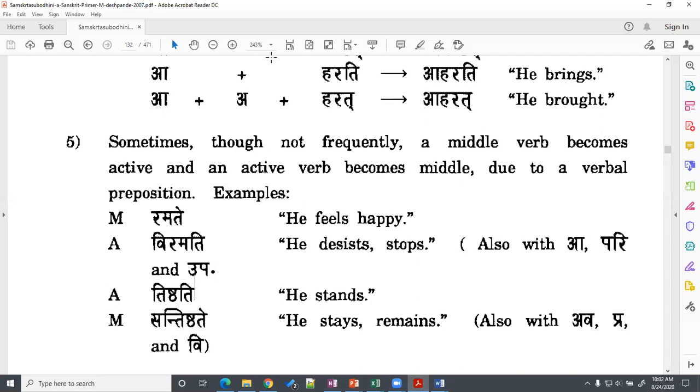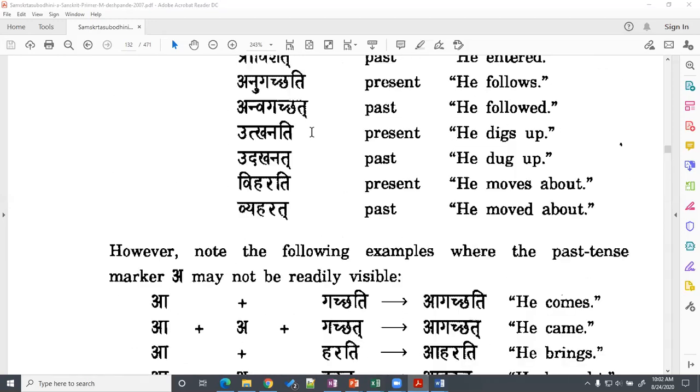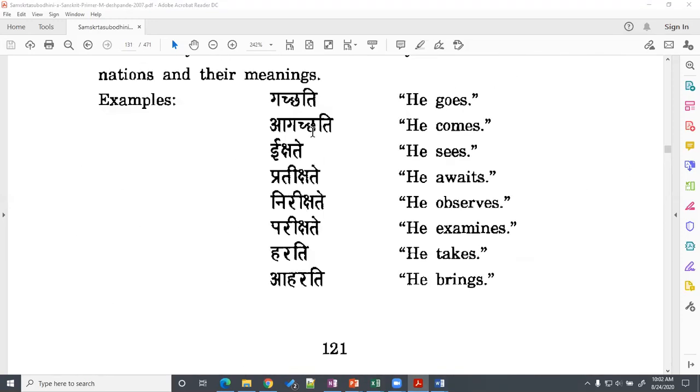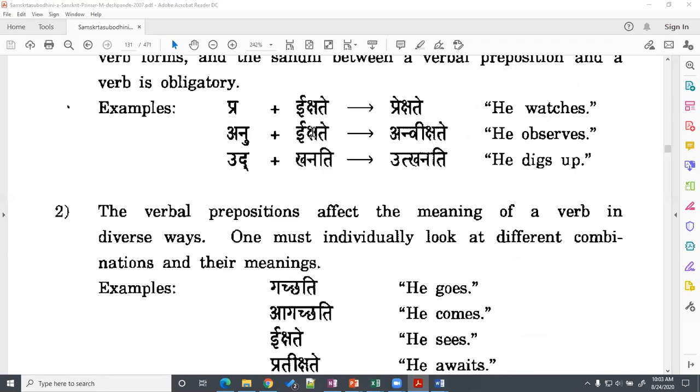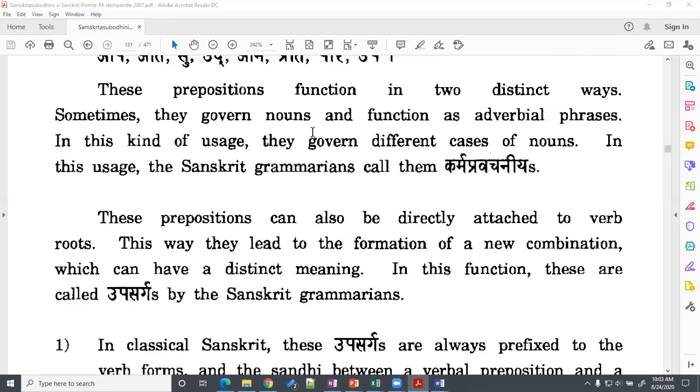There is a question, page 121, relation nouns. So page 121. This is page 121.